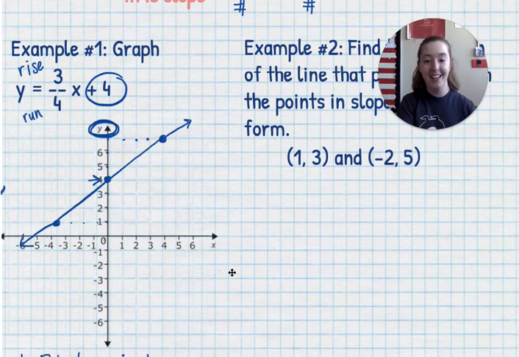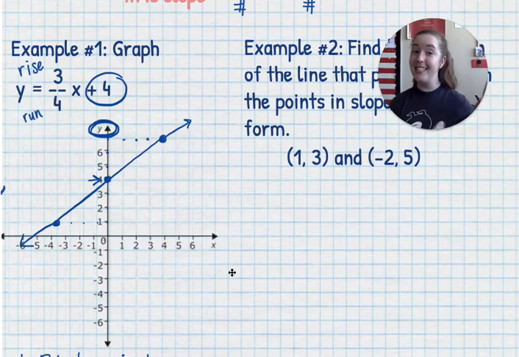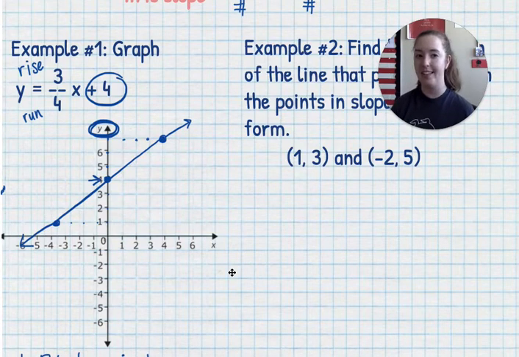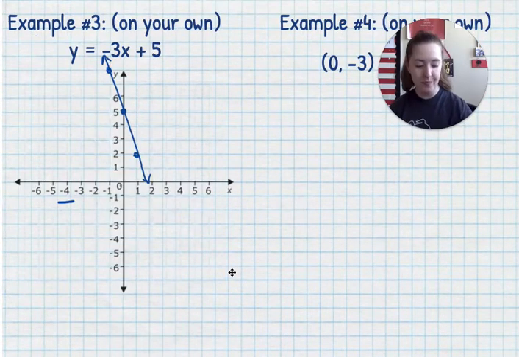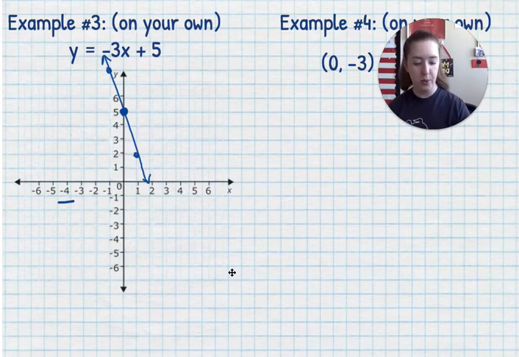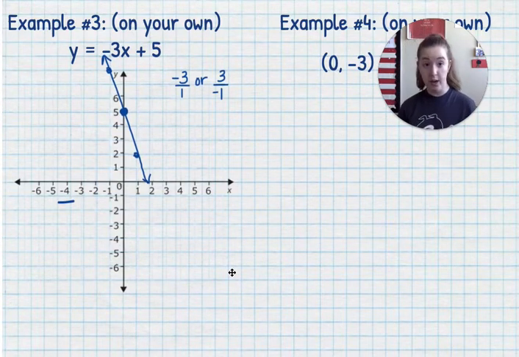All right. So do me a favor. I know it says example 2 right here, but go ahead and scroll down and try example 3 and plot that line, and let's see if we get the same answer. So first you plotted that y-intercept there at 5, and then since our slope is -3, remember that's the same thing as -3 over 1, or the same thing as 3 over -1.